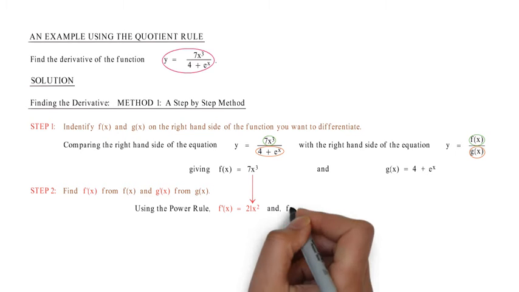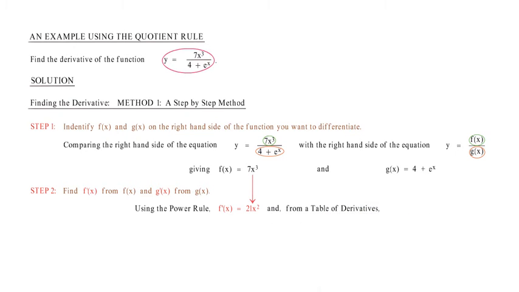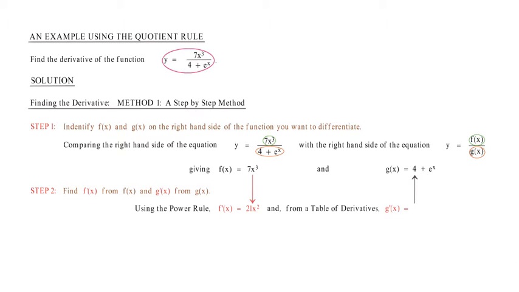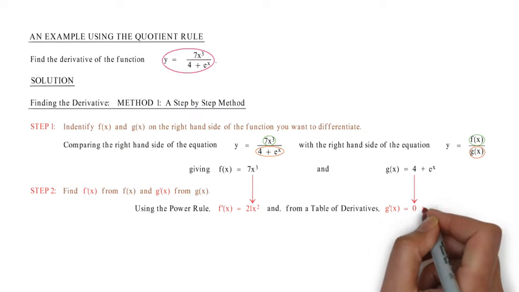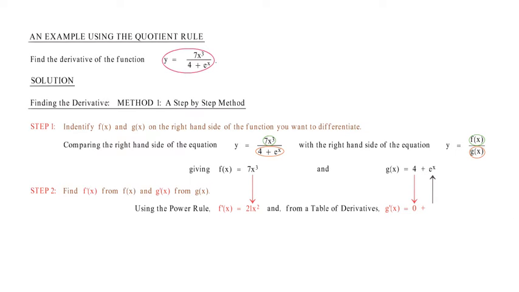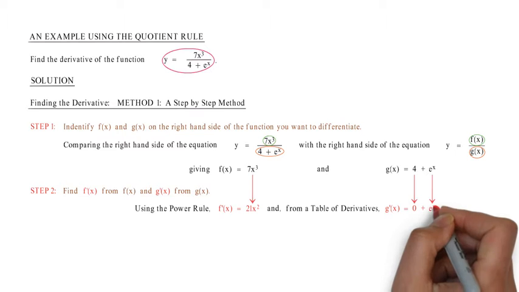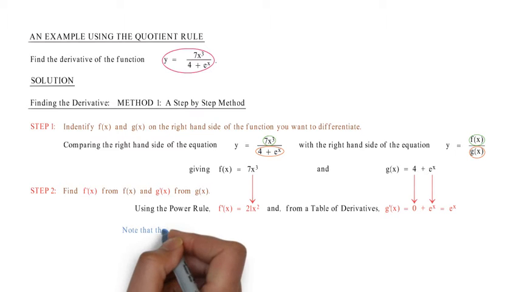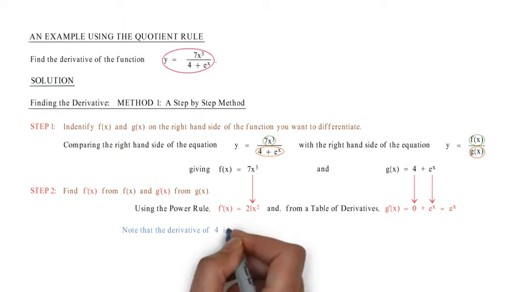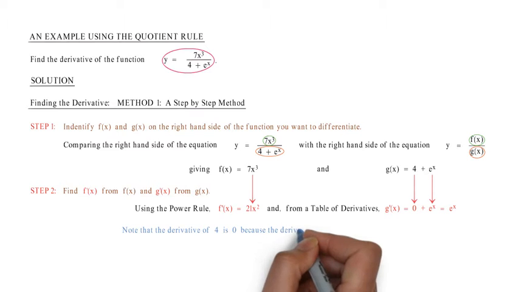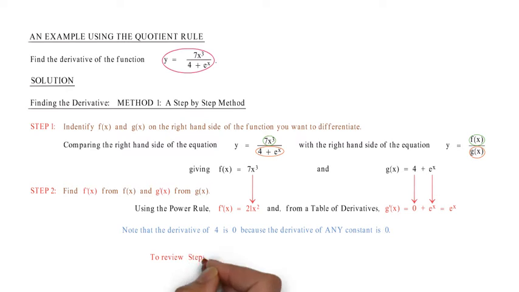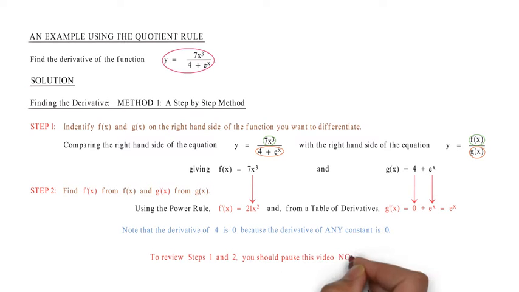From a table of derivatives, g'(x) equals the derivative of 4, which is 0, plus the derivative of e to the x, which is e to the x, equals e to the x. Note that the derivative of 4 is 0 because the derivative of any constant is 0. To review steps 1 and 2, you should pause this video now.